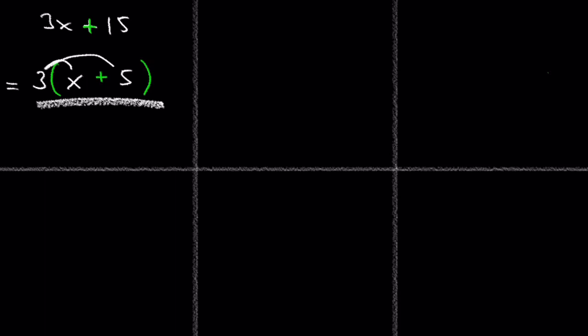But what if we have 3x plus 15x instead of 3x plus 15? In this case, we can factor out the 3 and the x. So let's write the 3x in front of the parentheses.